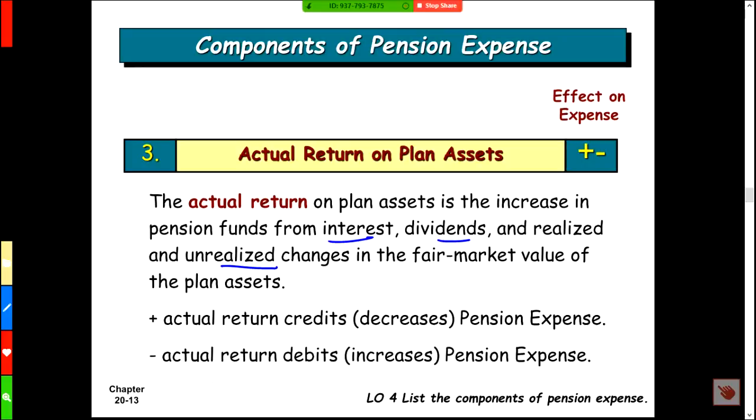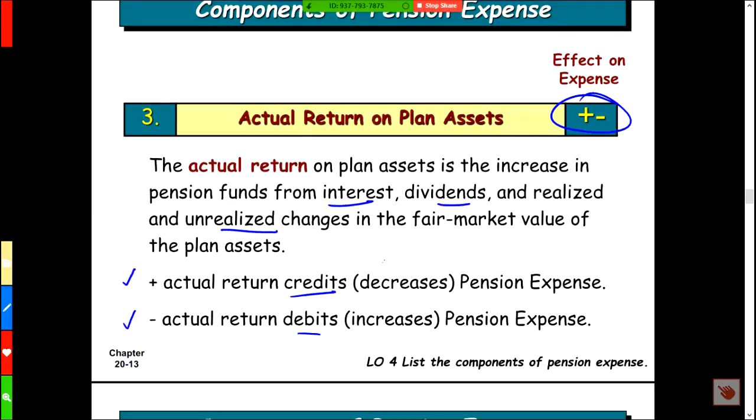And it can be plus or minus, but the relationship's really easy. A positive actual return decreases pension expense, that is credits, right? So we decrease expenses with the credit. A negative actual return debits or increases pension expense. All right. Fixed relationship, not difficult to get that one.